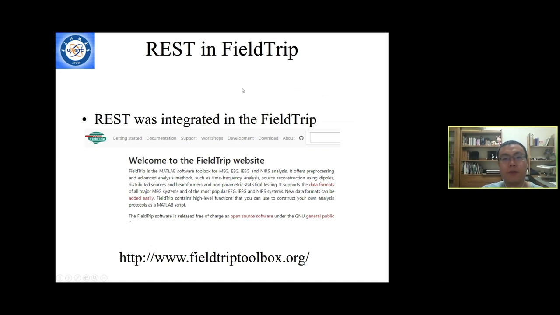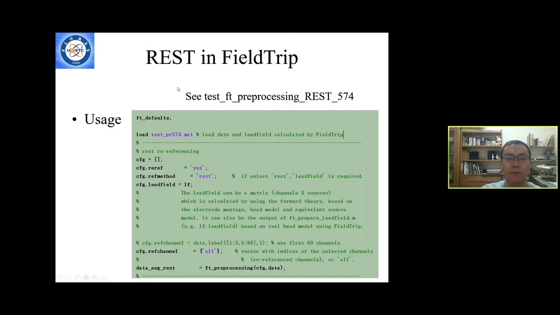Also, REST has been integrated in FieldTrip, and you can visit the homepage of FieldTrip and download FieldTrip to use REST. The usage of REST in FieldTrip is also very easy. This slide shows an example script to re-reference the signal to REST reference.